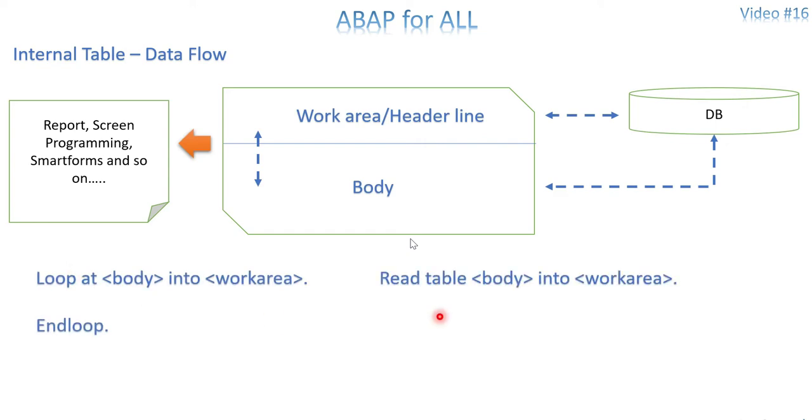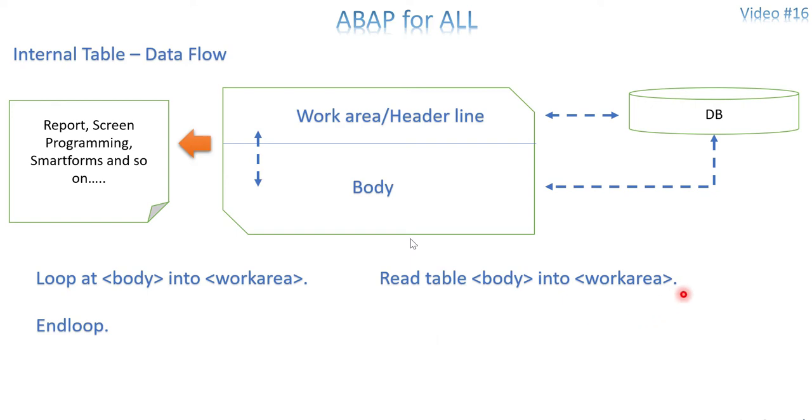Another format: you have some other keywords that complete this particular statement, so don't worry about it. Just understand that there is another statement to read information from the body to a work area, which is read table. Read table body into work area. Here read does not act as a loop; it just reads the table and gets the data.